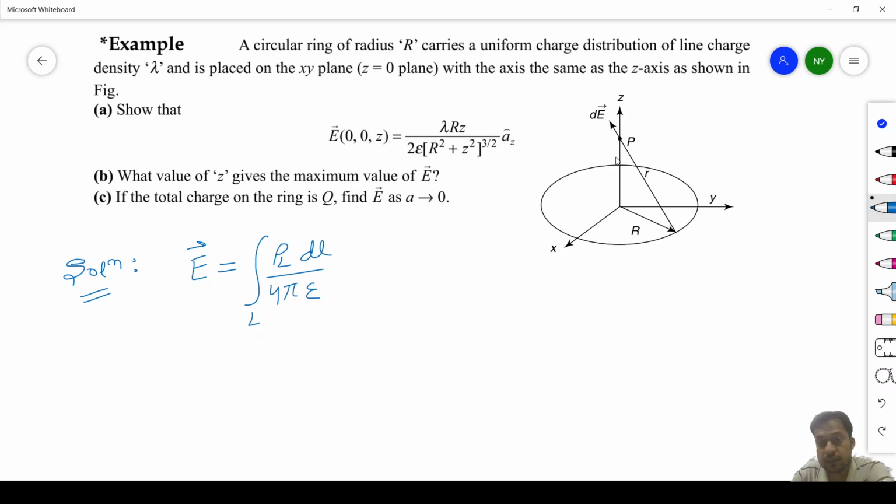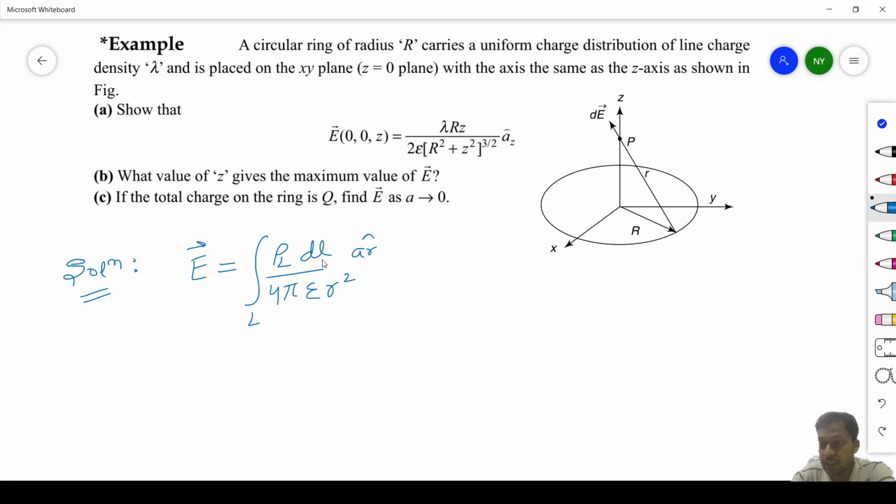This is the generalized equation we have to utilize for evaluating the value. Now we relate the small r with capital R and this distance z, and then put in this dl.